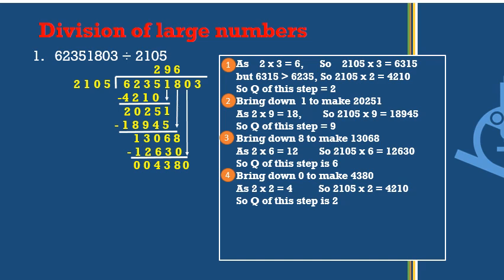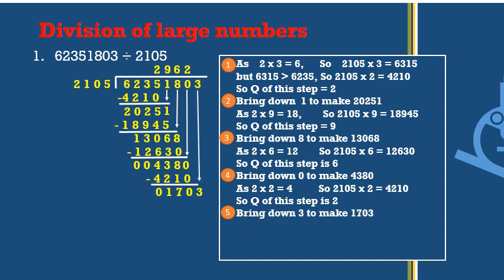Now we will put 4210 below 4380 and we will subtract 4210 from 4380 to get 170 as the remainder.